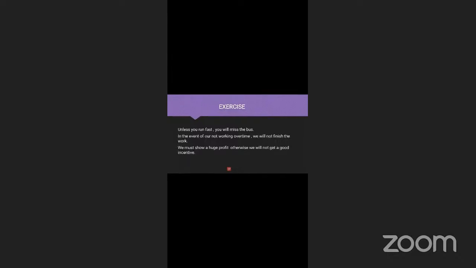Unless you run fast, you will miss the bus. Is this complex, compound or simple? Which form is given here? Unless is used. Yes, this is a complex sentence.